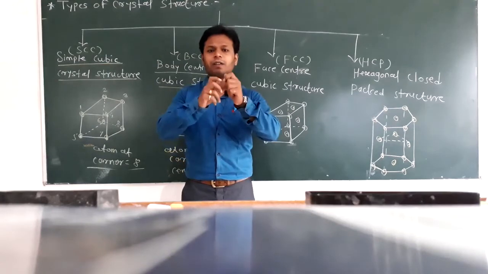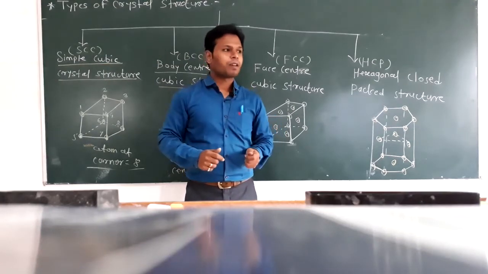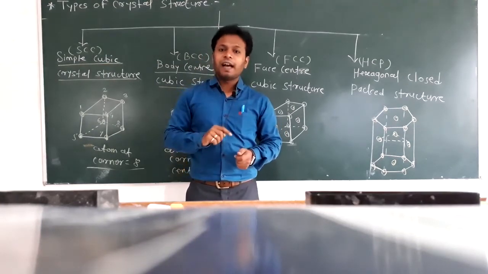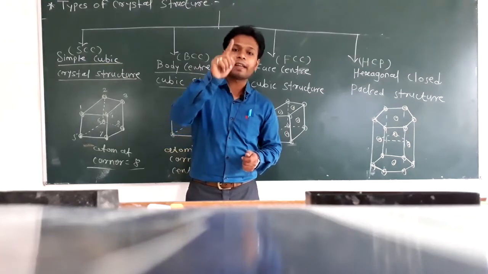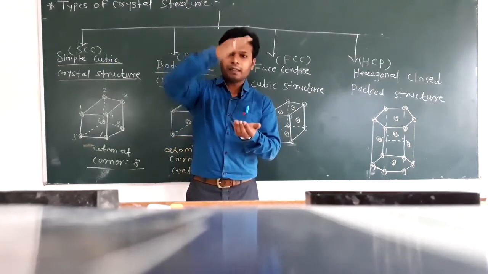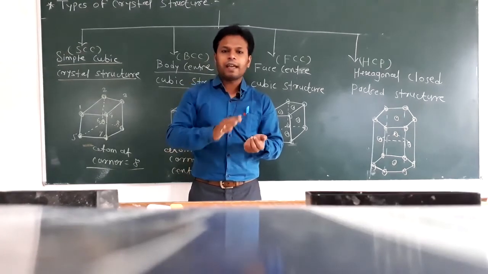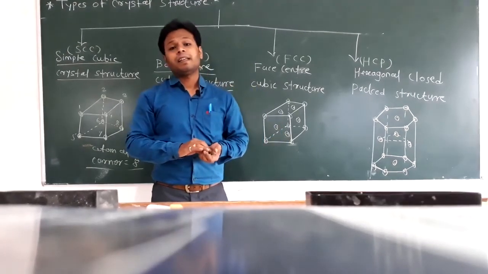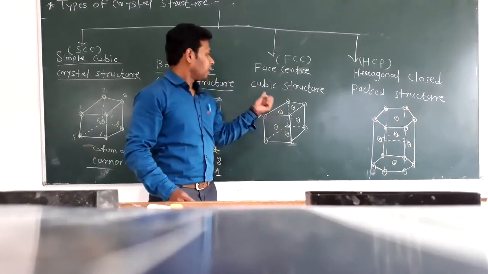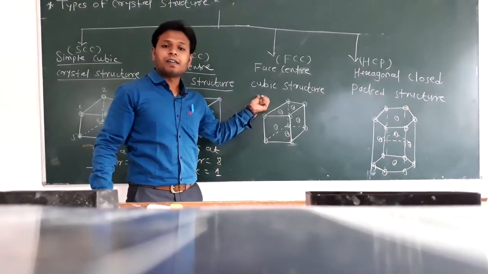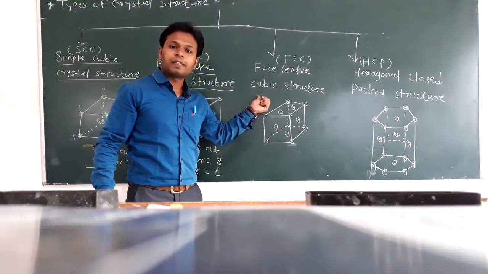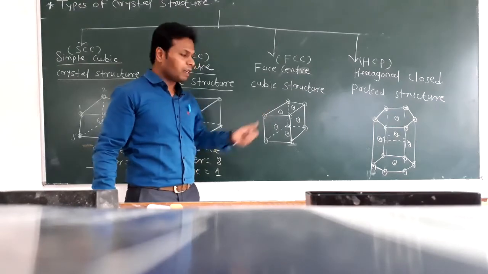We are playing with that cube. It has 8 corners and there are 6 faces of that cube: top side, bottom side, right side, left side. There are 6 planes of this face center cubic structure.